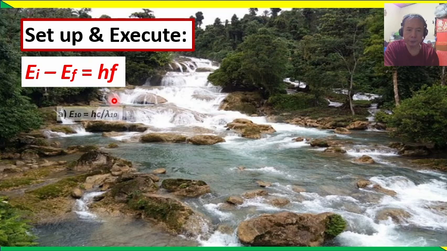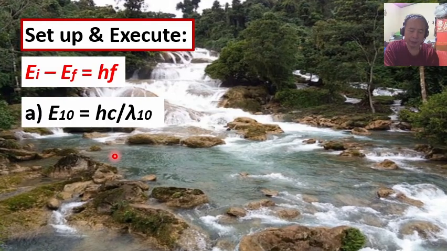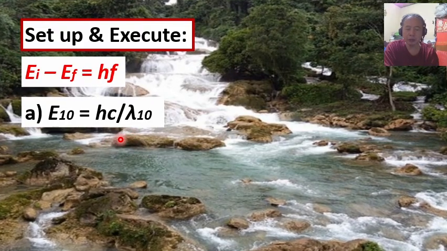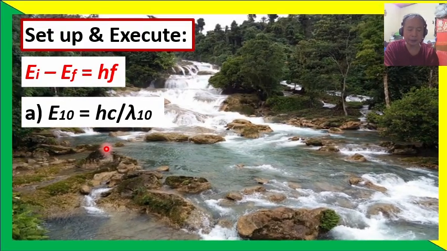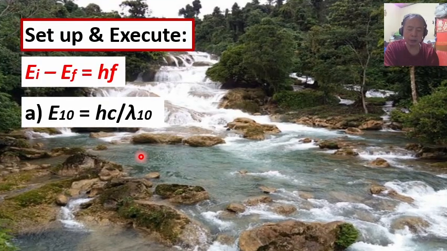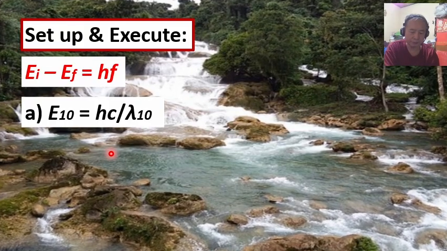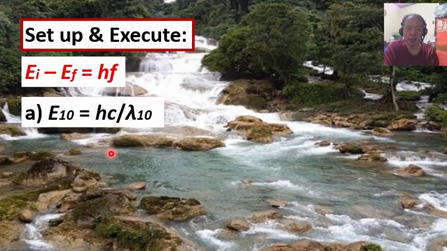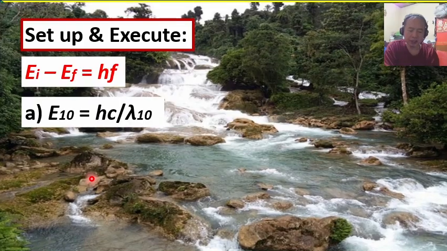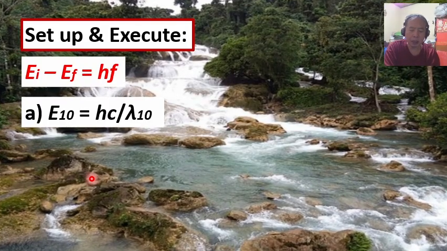In part A, we compute the photon energy E sub 10, representing the amount of photon energy of the first excited level with respect to the ground level, which is simply the Planck's constant h times the photon frequency f, which in this case we replace f by c, the speed of light in vacuum, over the wavelength lambda sub 10.